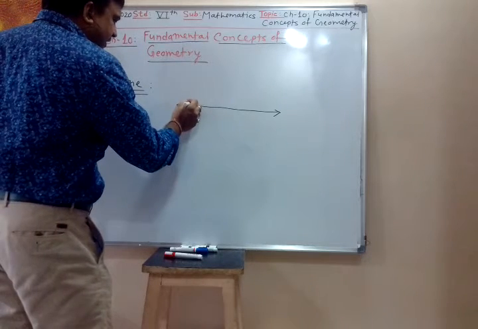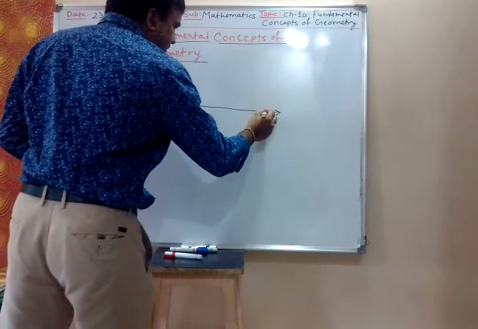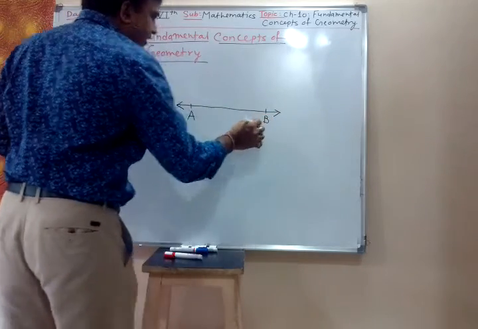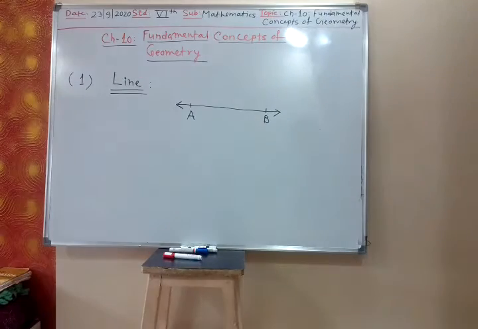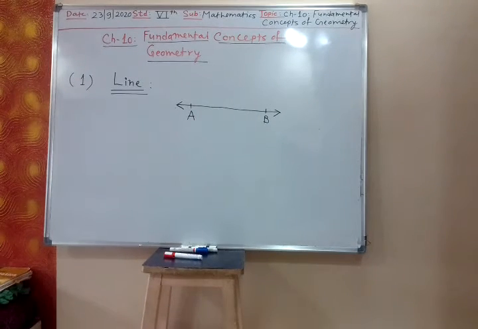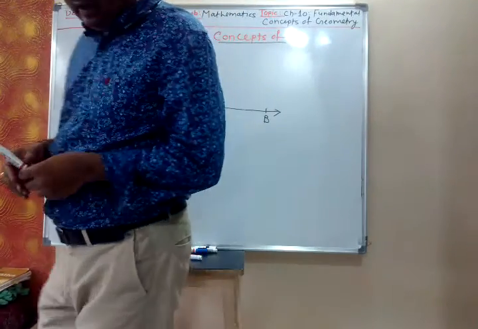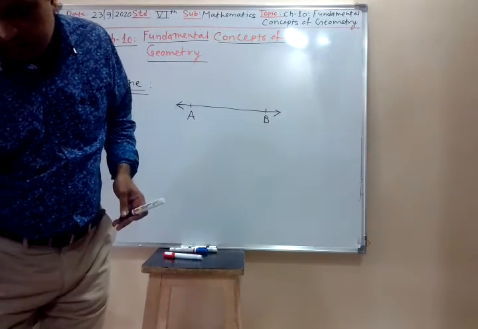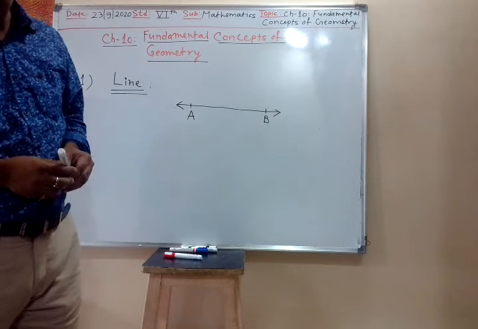So this end we name it as A, and this end we name it as B. A line has an arrow at both the ends.